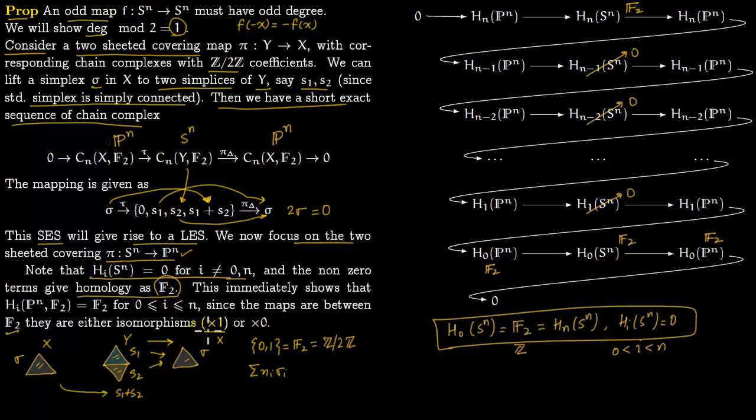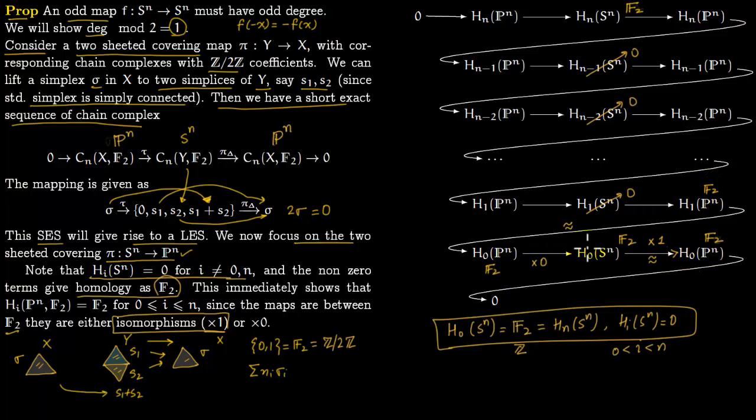If it is multiplication by 1, then it's obviously an iso. Since we have this 0 coming in here, this map has to be onto, and since this is just two elements, you have to multiply it by 1. So this is an iso here. If this is an iso here, it has to be multiplication by 0 here. So there is a 0 here, there is a 0 here. That means this map is an iso, or multiplication by 1. So this F2 is also here.